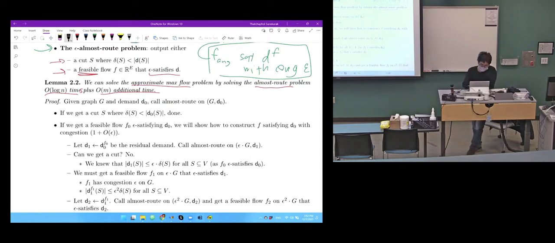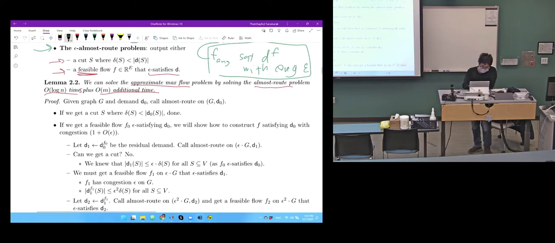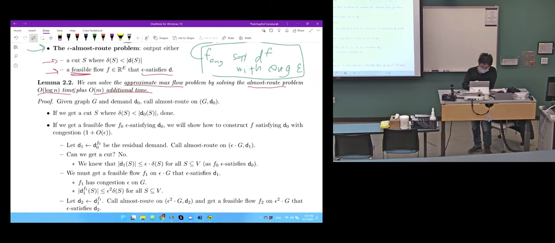Suppose that you are given a graph and the demand for the approximate max flow problem. Now I just call almost route on this. If it returns a cut, that's what we want, we are done.